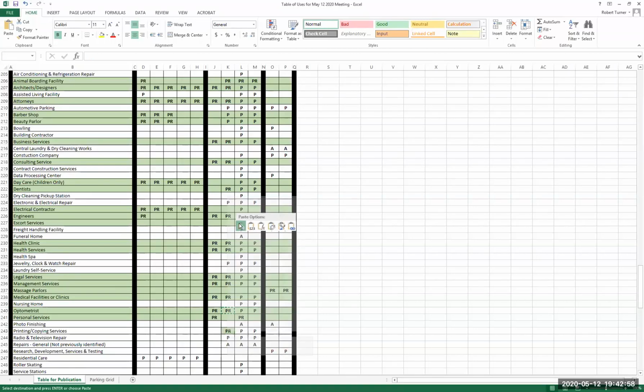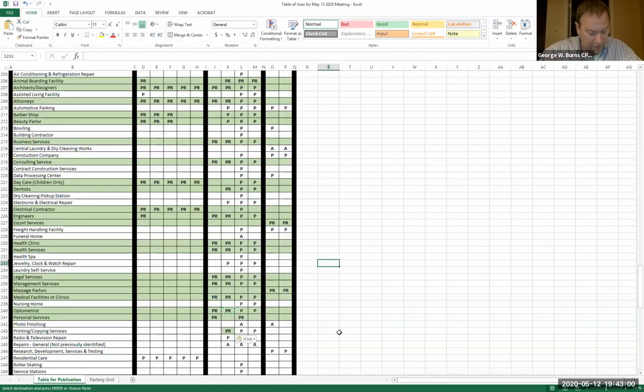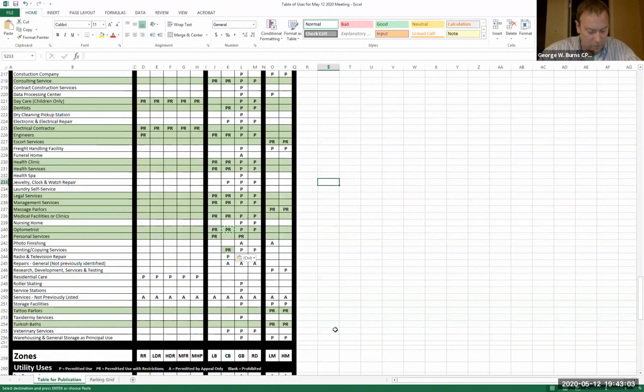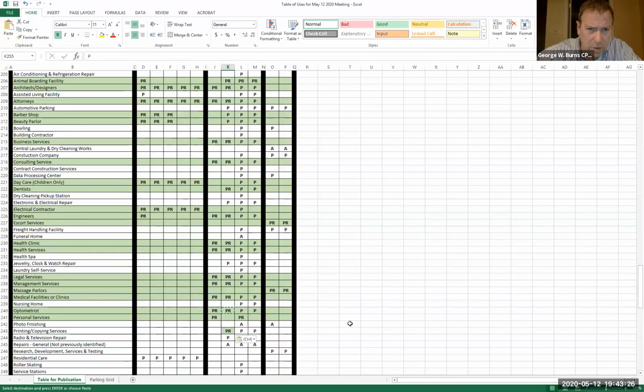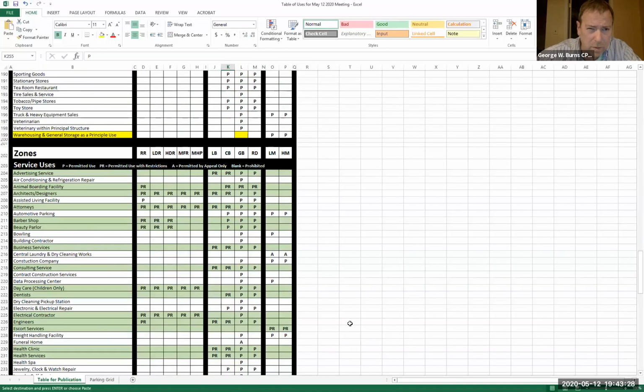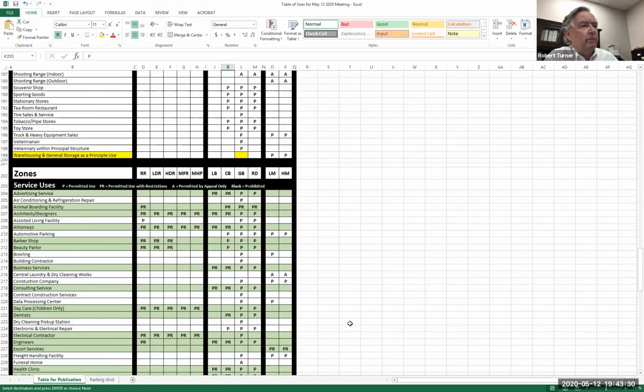And then my last one, veterinary services does not square with retail in commercial. Veterinary services, you've got it allowed here on central business, and in the uses above this, veterinarian with principal structure.